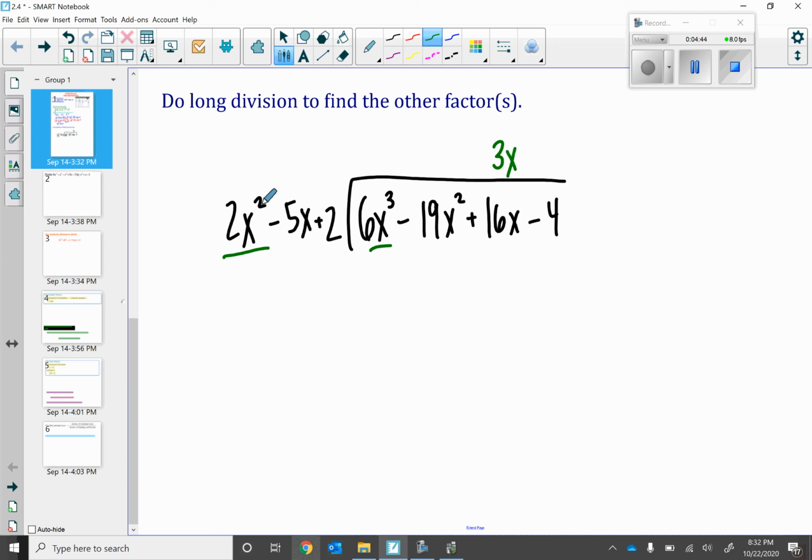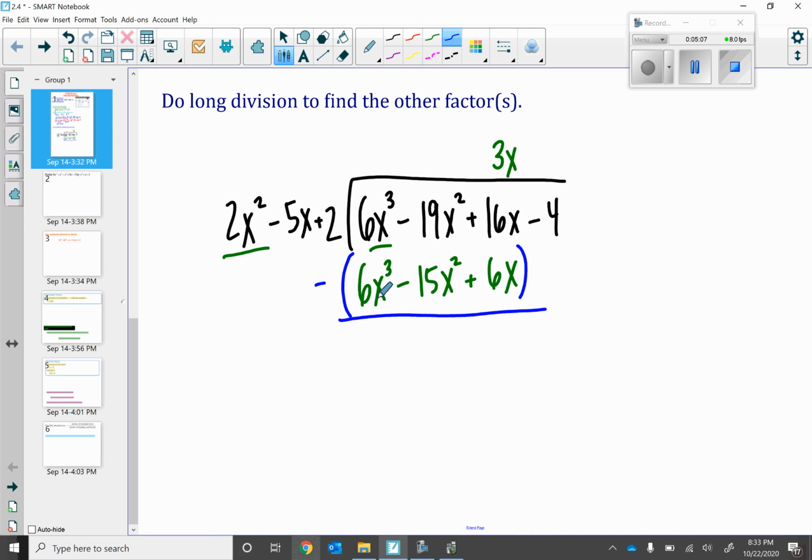So 3x times 2x squared is my 6x cubed. 3x times a negative 5x is a negative 15x squared. And 3x times 2 is plus 6x. I am going to subtract this entire thing.